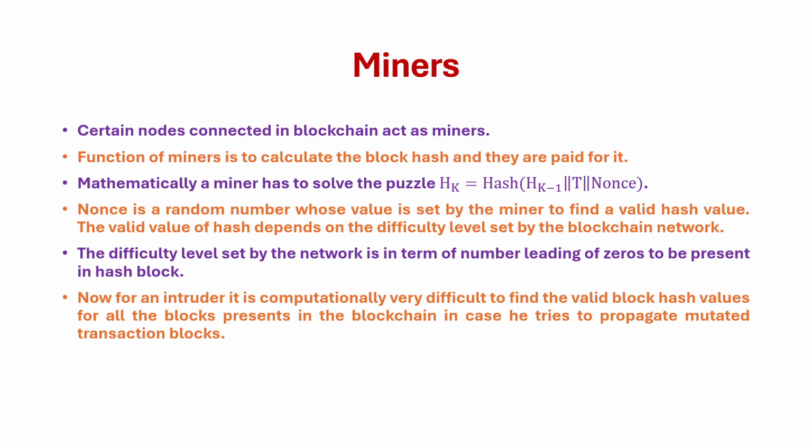Let us say the number of zeros that should be there in the block hash value is 10 out of 256 bits. It will take much more time for the miner to find the valid block hash value as per the challenge imposed by the blockchain platform. That's why the miners have to use computational power to calculate the valid block hash value. Once miners are successful in calculating the valid block hash value, they are rewarded by the blockchain platform, and we say that particular block is a valid block.